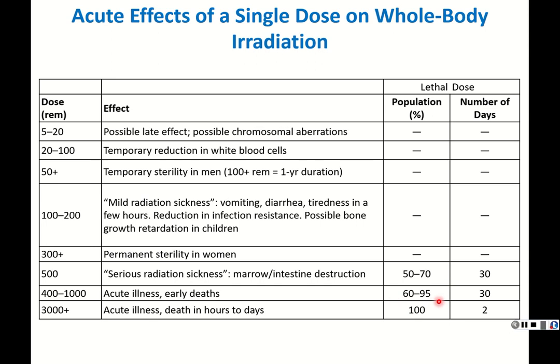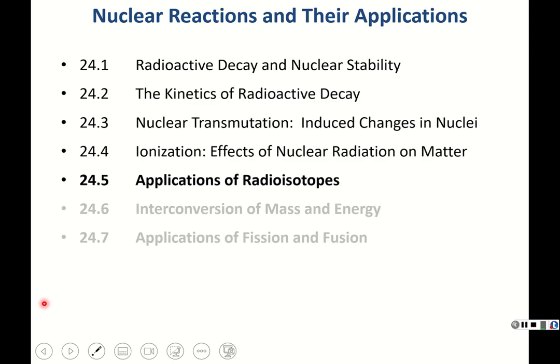Okay, and 60 to 95% of the population exposed to that would die. And something like 3,000 rem, that's death in hours to days. Okay, so that's not very cheery, is it?